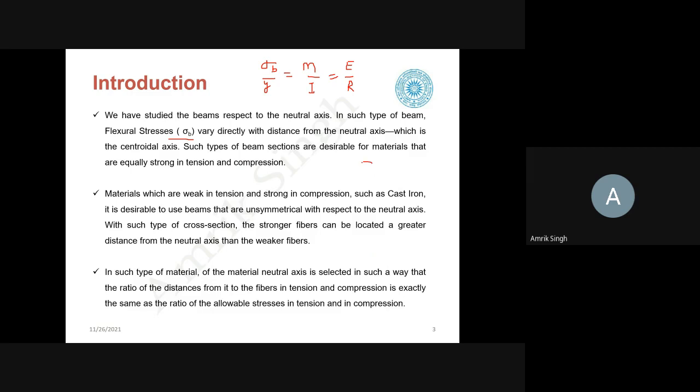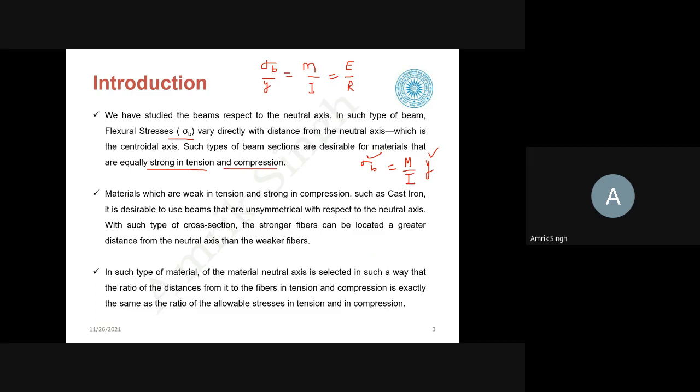You see sigma b is equal to M upon I into y. So it varies directly with the distance from the neutral axis. So such type of beams are desirable for those materials which are equally strong in tension and compression.